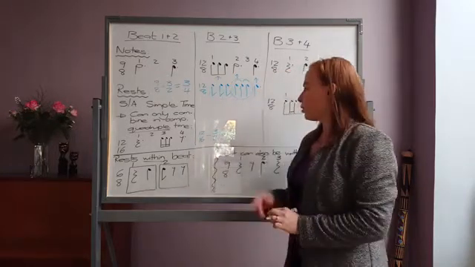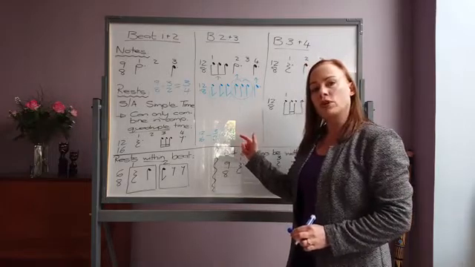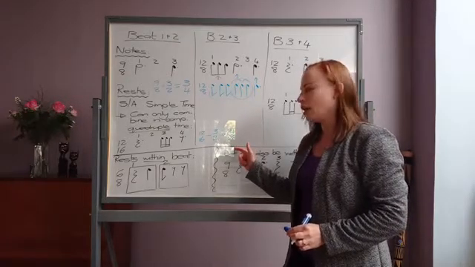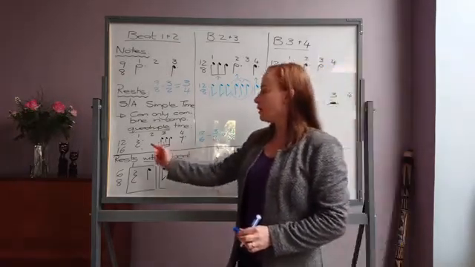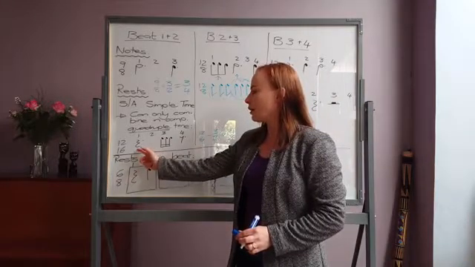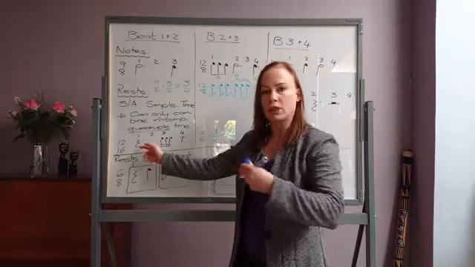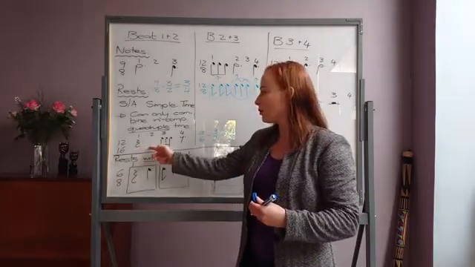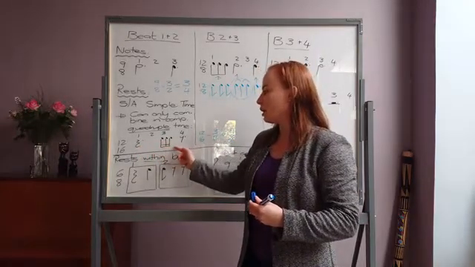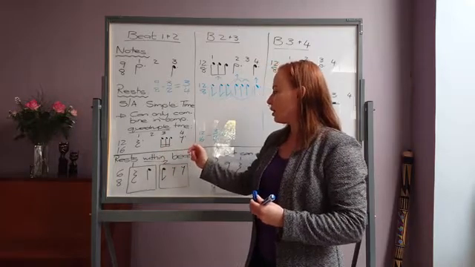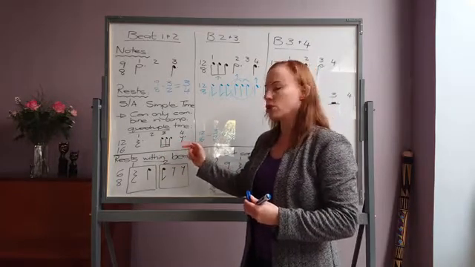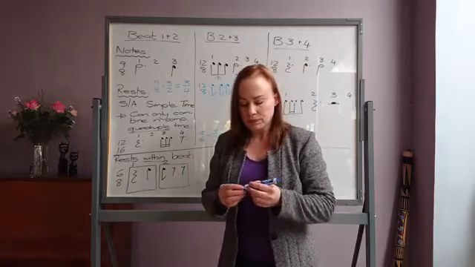Okay, so we're going to have 4 dotted quaver beats in a bar, and here you can see how I group the first two, beats 1 and 2, together as one rest, and then there is my third beat, my dotted quaver beat, and the last one a dotted quaver rest.